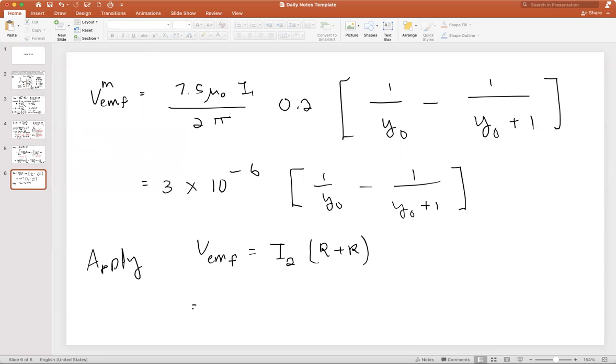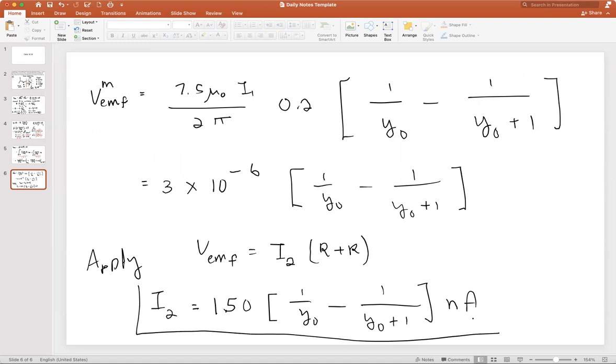If we were to rearrange and solve for this, you will get 150 nanoamps for the current I2.